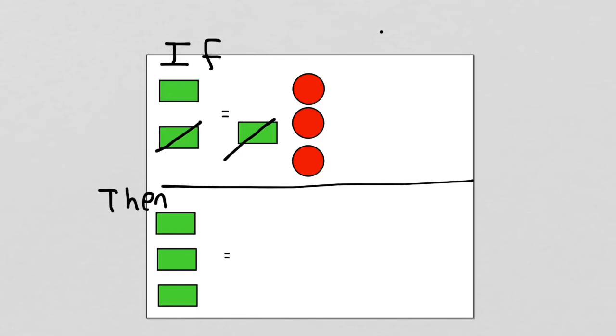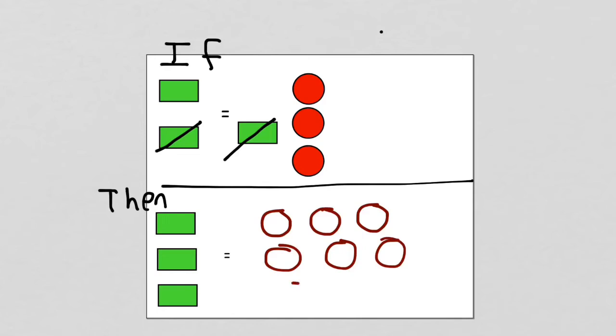So that means I'm left with one green rectangle equals three red circles. So then, how many do three green rectangles equal? Well, if one of them equals three red circles, that means three of them must equal nine red circles.